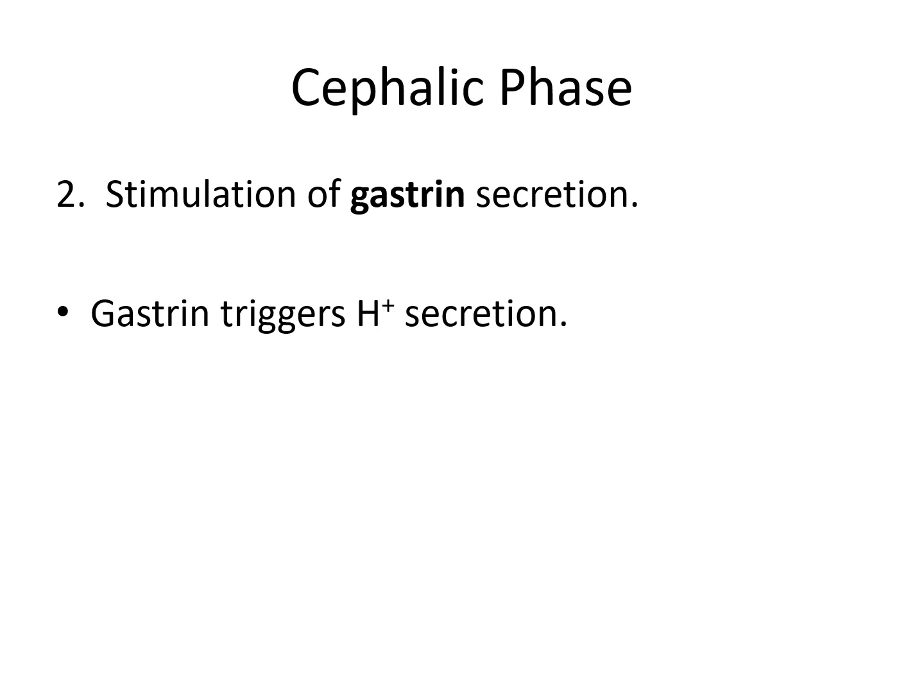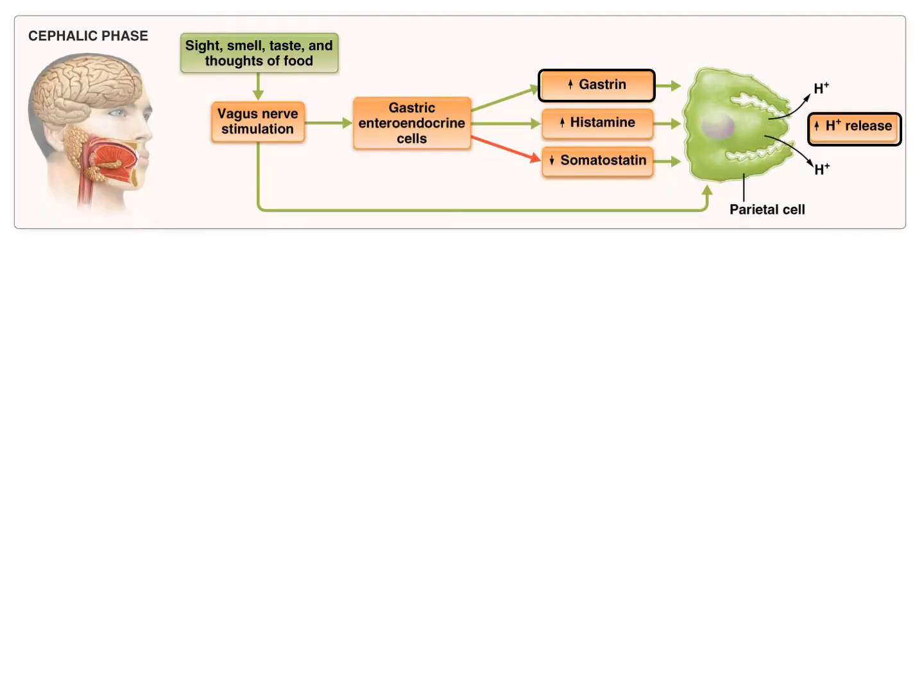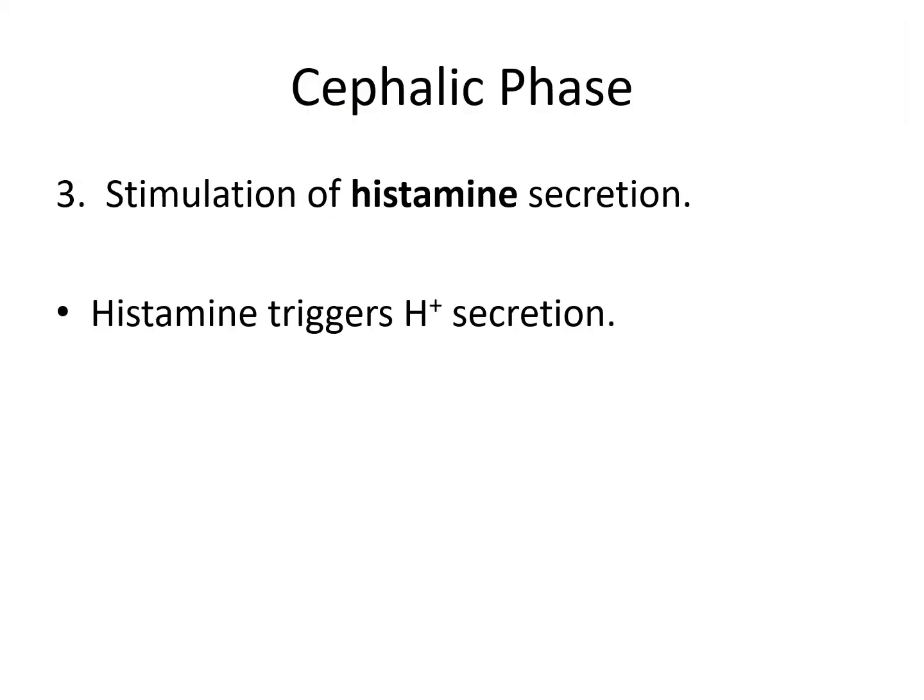The second way is to stimulate a hormone called gastrin, and gastrin triggers hydrogen ion secretion. Gastrin is a hormone produced by the enteroendocrine cells, and if you increase gastrin, you increase hydrogen ion secretion.